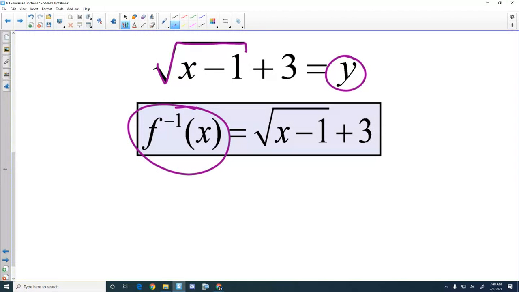F inverse of x, and then it's that square root of x minus 1 plus 3. If you wanted to, you could also write this as 3 plus the square root of x minus 1, that's a more clear way to indicate, hey, the root is just the x minus 1 part, not the 3. Again, you can always switch the order. It doesn't matter. When you add things, it's commutative.